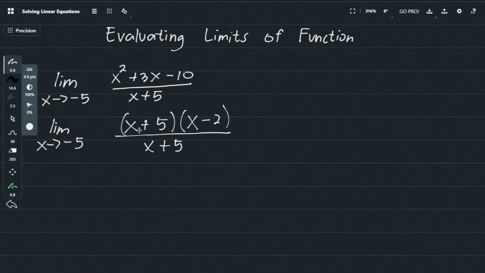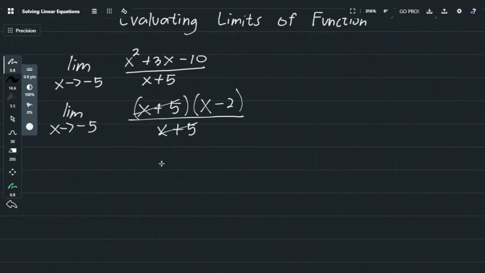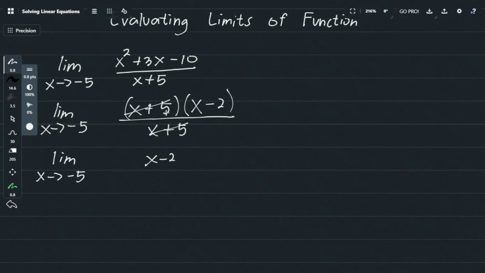Okay, so as you can see, we can cancel x plus 5. So we have x minus 2. So we're going to rewrite the limit expression. So now we can try to use the substitution strategy. So the value of x is just equal to negative 5.